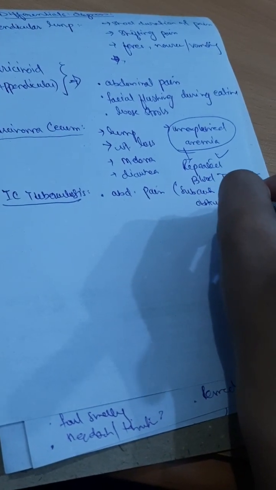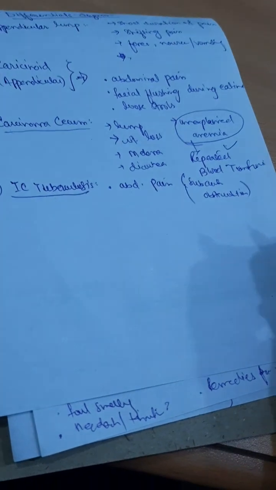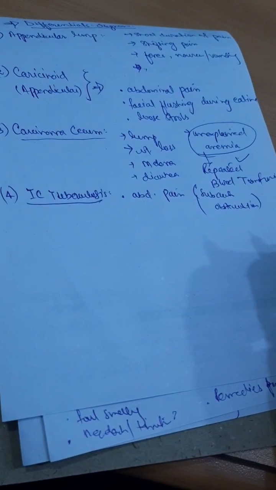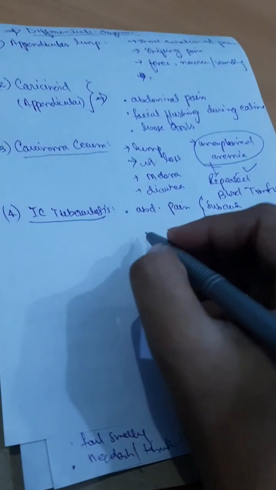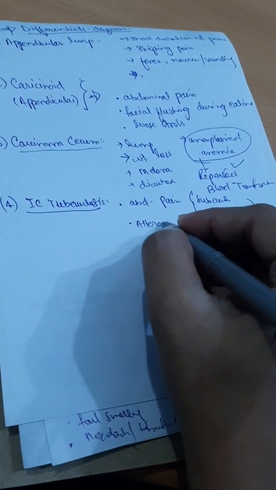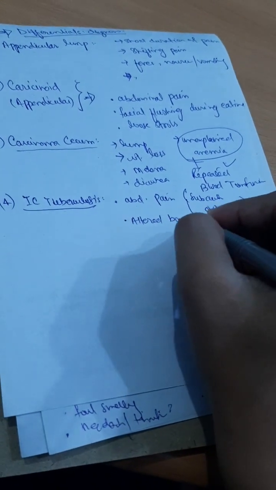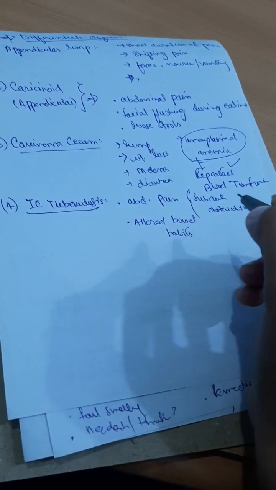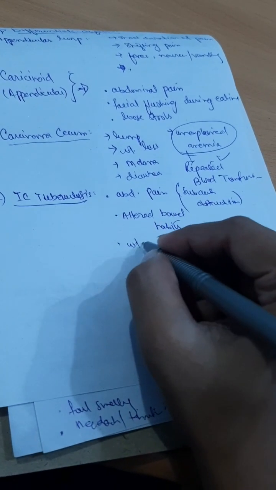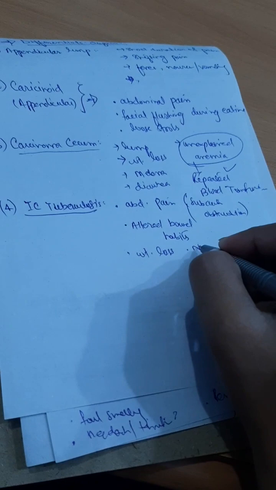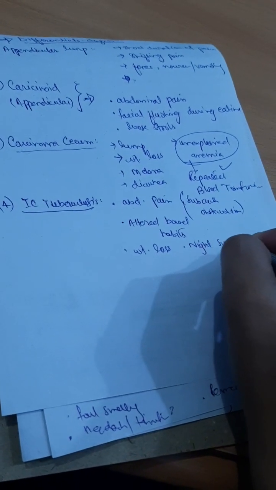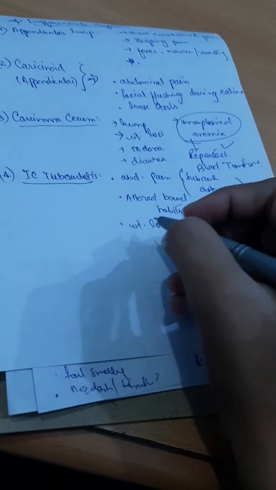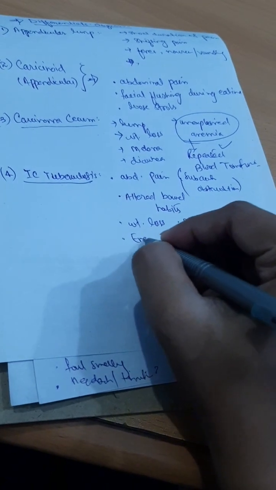Usually the patient complains of vague abdominal pain after eating. Then altered bowel habits, weight loss, night sweats, and evening pyrexia.